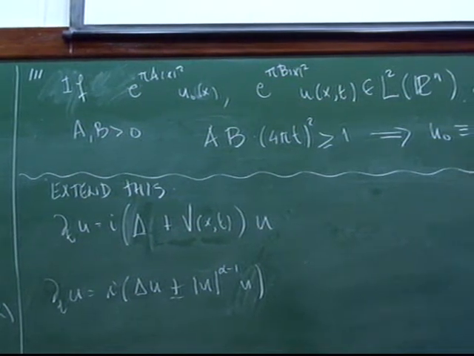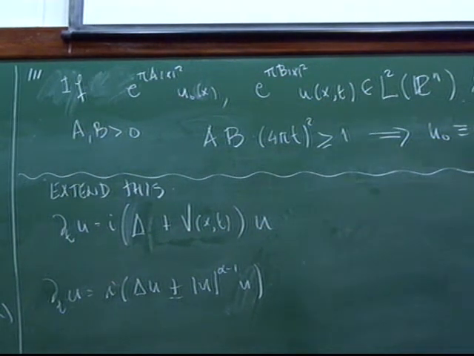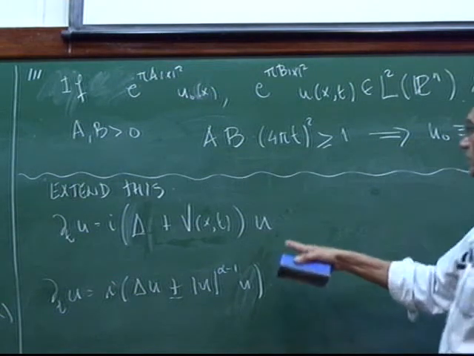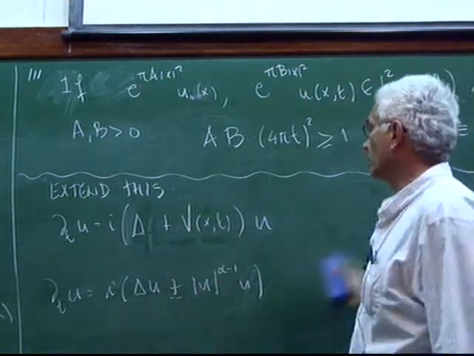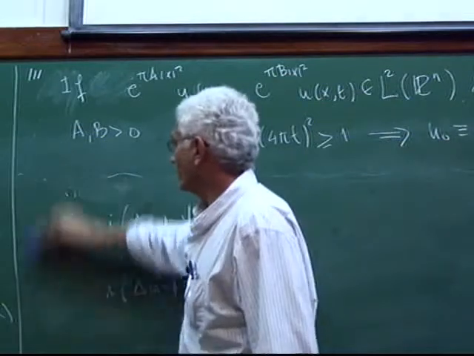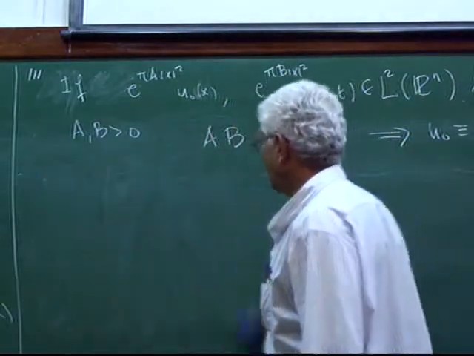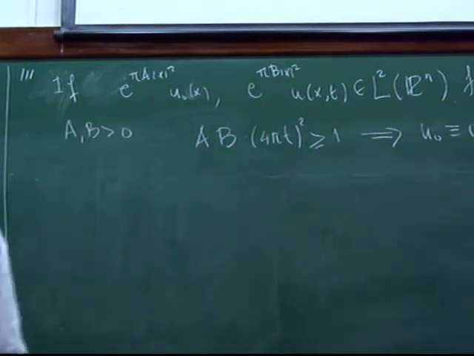In particular, for example, let's keep, then our first goal will not be to extend it to potential or to nonlinear, but to be able to give a proof that this doesn't rely on analytic function techniques.